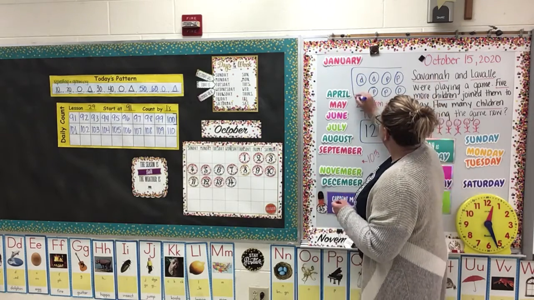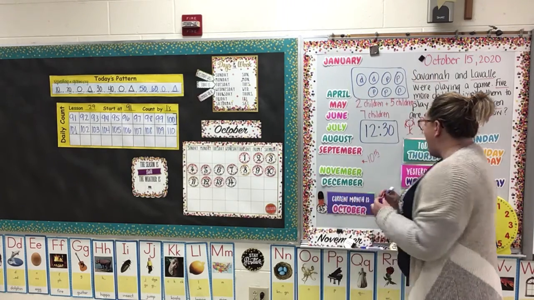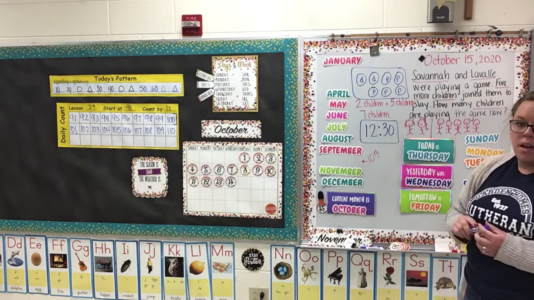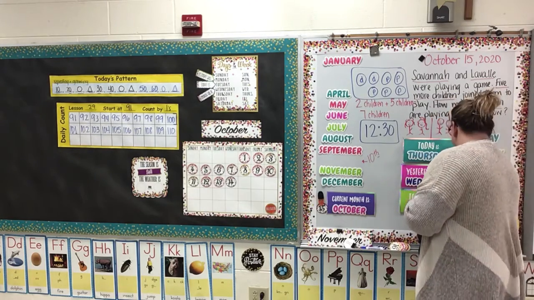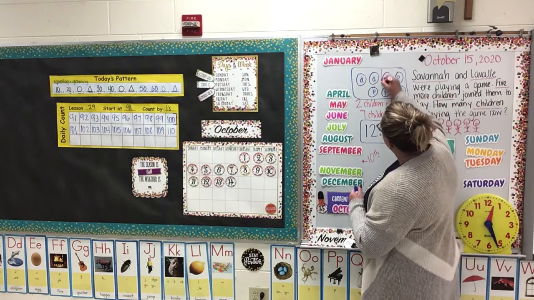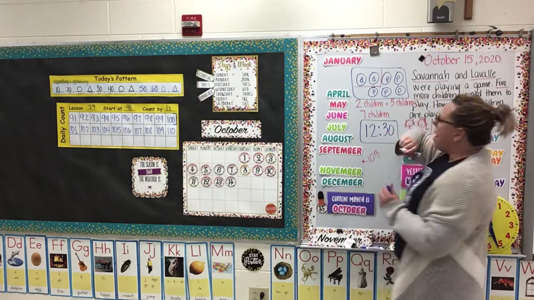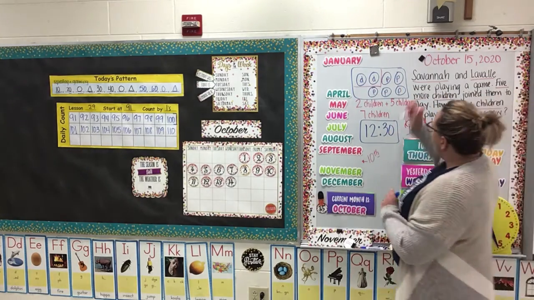Okay, so I have my box here. I have 2 dimes and 5 pennies. I'm still going to try to put a little bit of a box around there so I keep it straight.